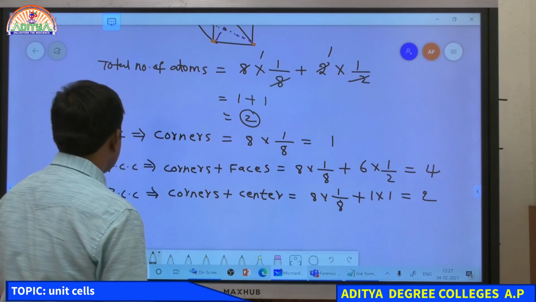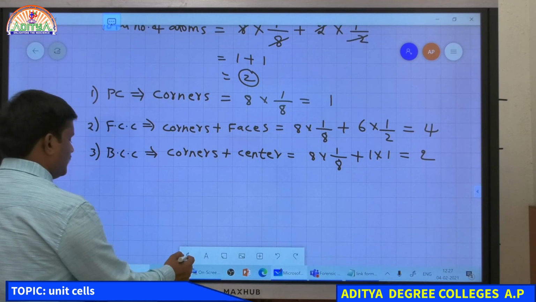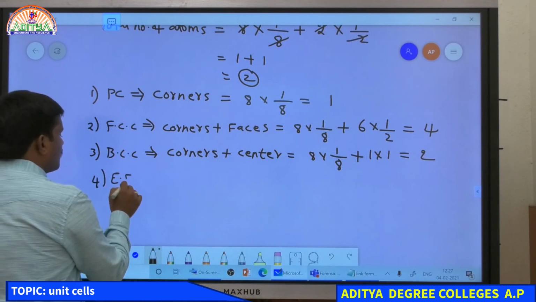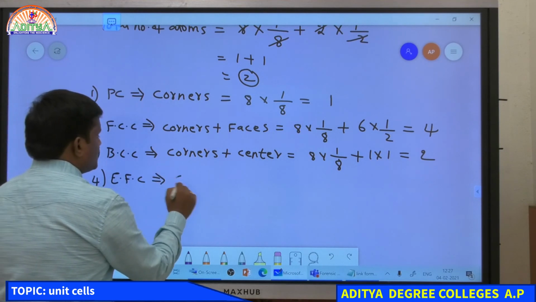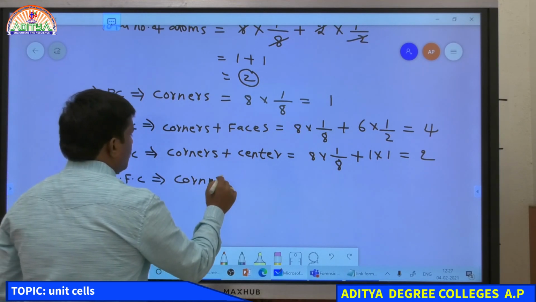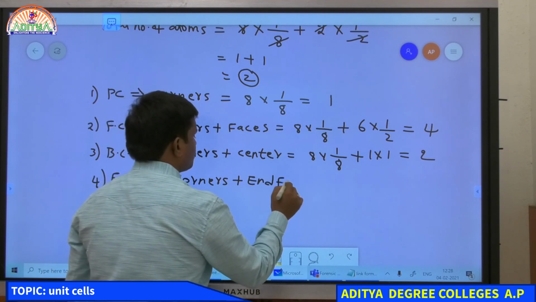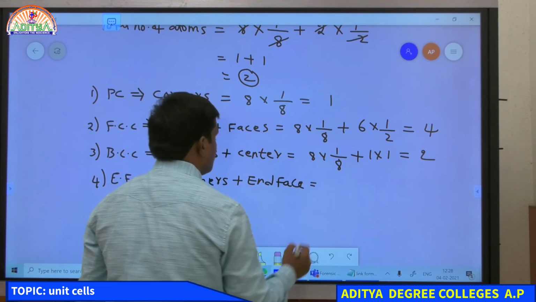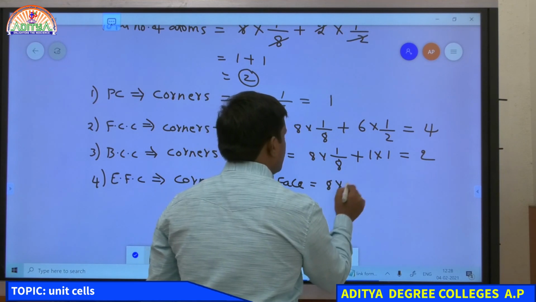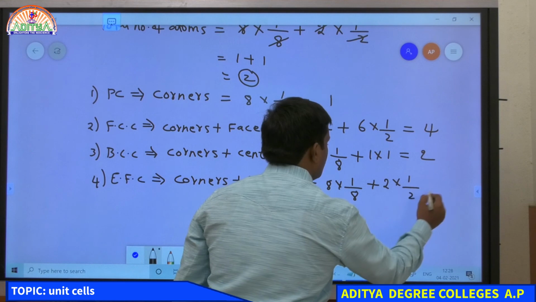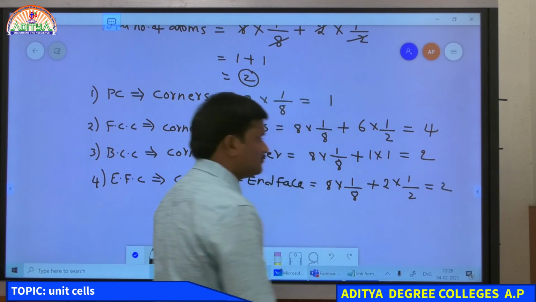And the last one is end face centered. So for end face centered, points are present at corners and also end faces. Therefore the contribution is 8 into 1 by 8 plus 2 points at faces, each 1 by 2, that is equal to 2.